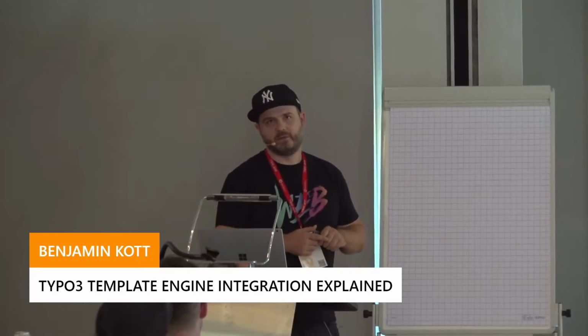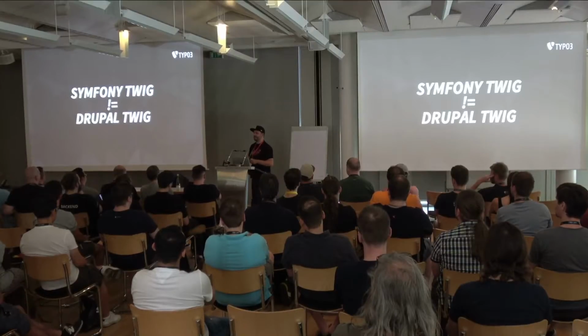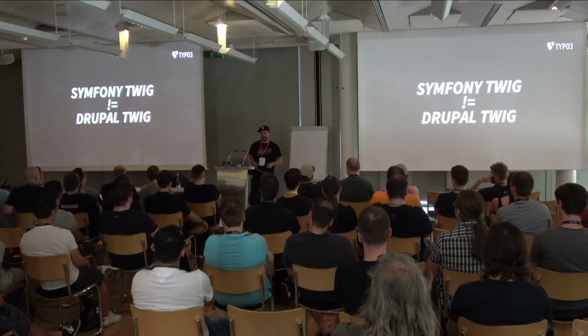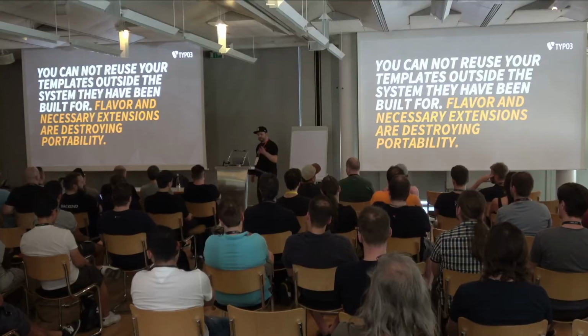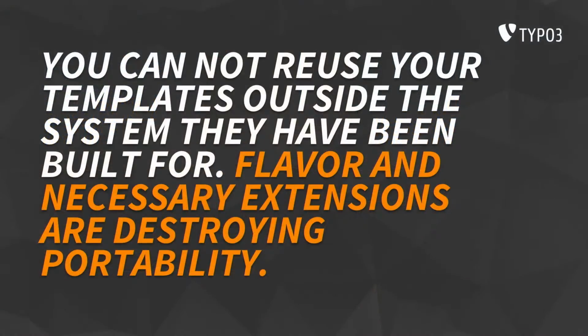For example, in the JavaScript world, lots of curly braces, I forgot the name. There are examples that cannot be flavored that would work, but you have actually no additional functionality. So that means you cannot use your templates outside the system they have been built for. Flavored, necessary extensions are destroying portability.